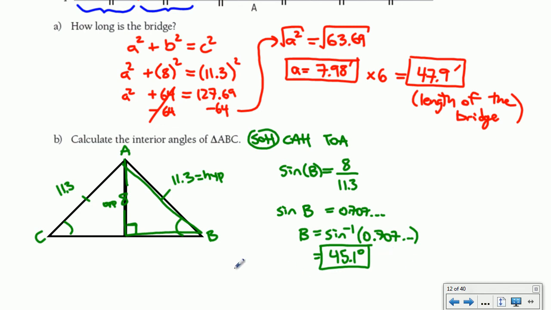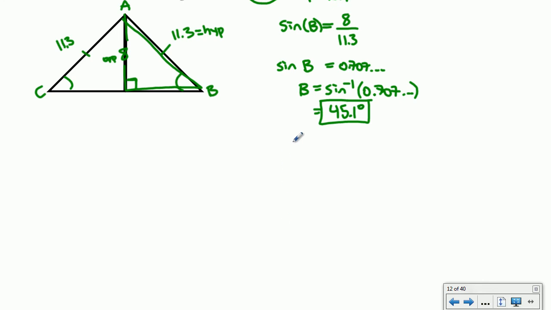Okay, and we can say that angle B equals angle C, which is 45.1 degrees, because this length is equal to that length, which means the angles opposite them need to be the same. That's the only way we could have such a situation happening. So C is 45.1 as well.